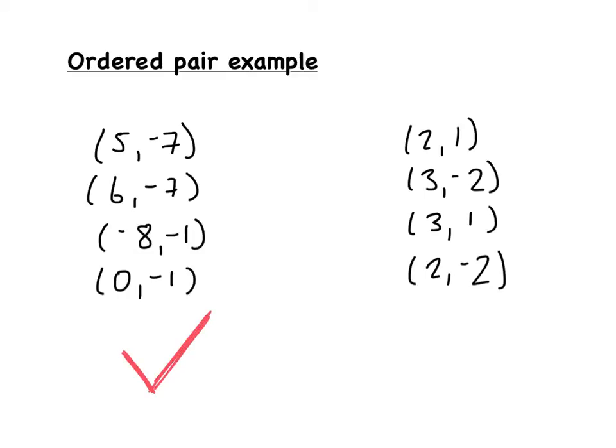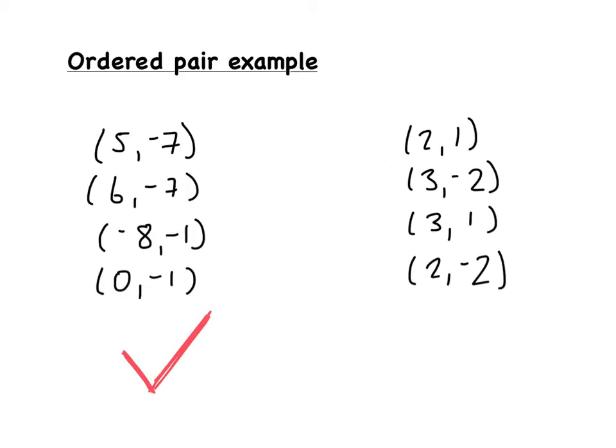So let's look at the second example. We have, again, 4 ordered pairs. We have 2, 1, 3, -2, 3, 1, 2, -2. So this is not a function, basically because we have a 3 that goes with a -2 and they have another 3 that goes with a 1.